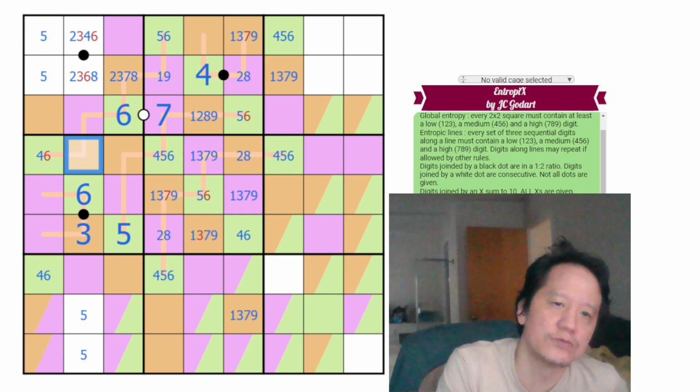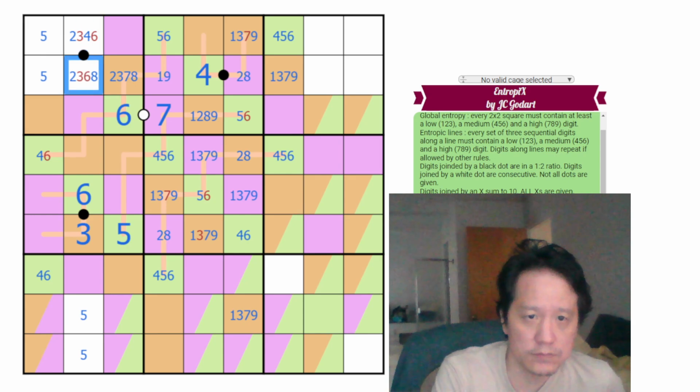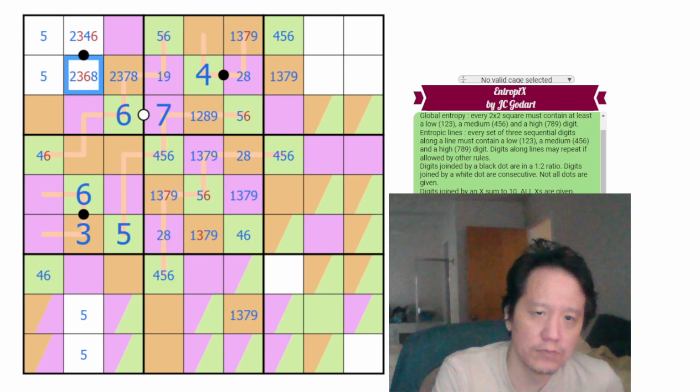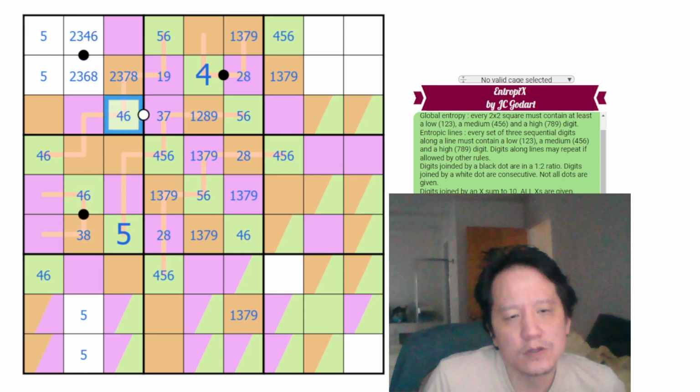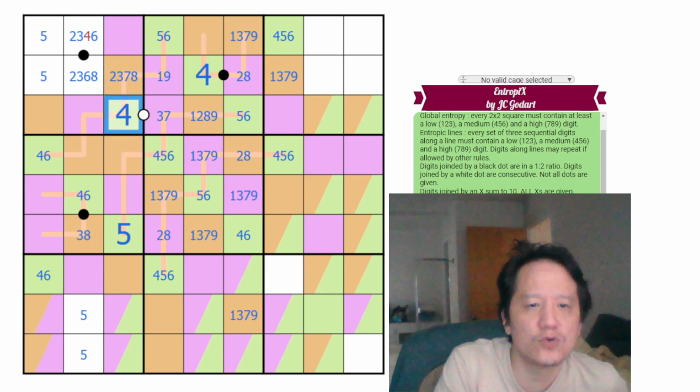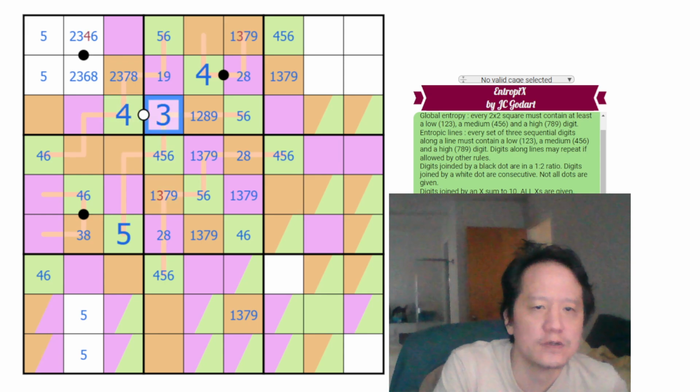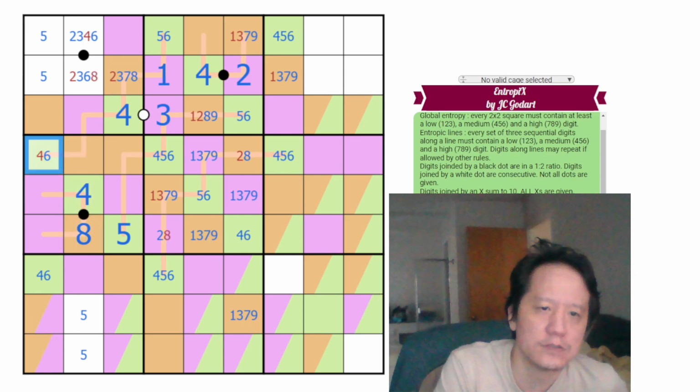This is 6 and 3. Interesting. Okay, what does that mean then? So, okay, again, if this is 4, this would have to be 3. This would be 1 and 2. This would have to be 4, so this would be 8. This would be 3 and 6.